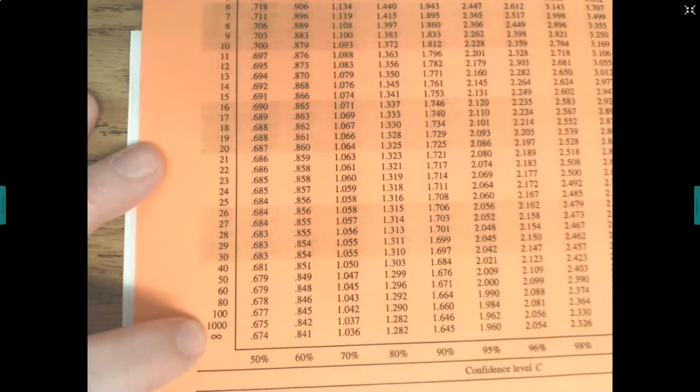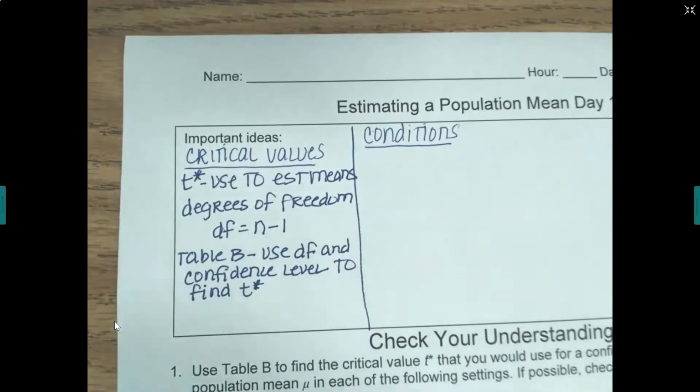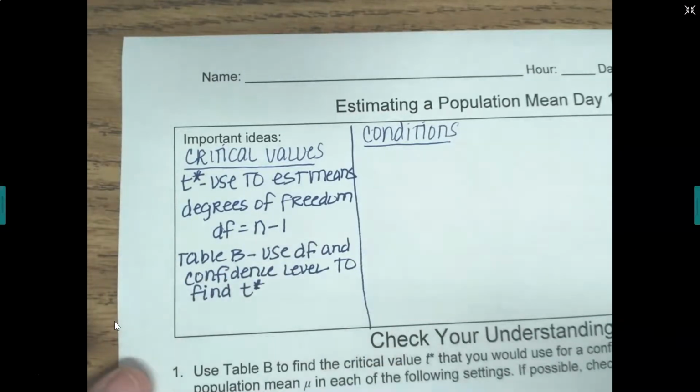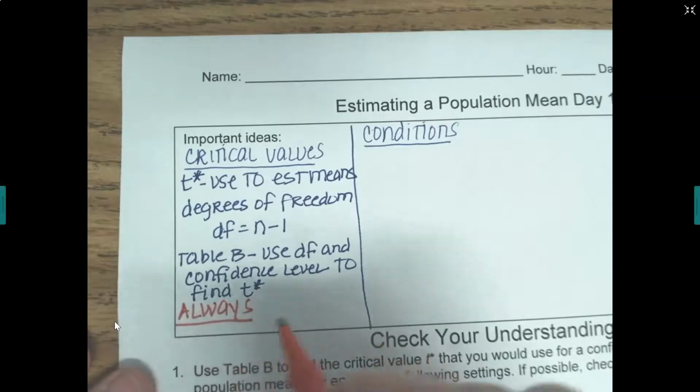Obviously all the possible sample sizes are not in this table. So when you find your degrees of freedom, very important to remember, if it's not one of the numbers listed there, you will always round down.